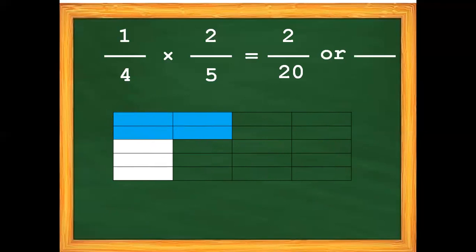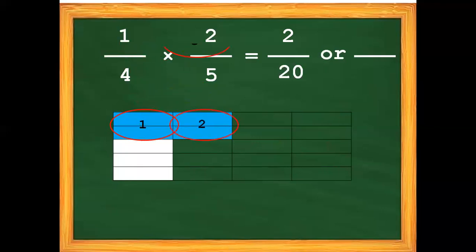We can simplify 2 over 20 by reevaluating our illustration. So we can group them into two small rectangles, combine the two small rectangles, then we get one part.